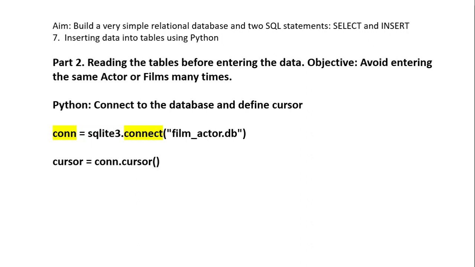So the application that just ran had these as the major components. First of all, I created a connection to the SQLite 3 film database. I then used that connection to define a cursor.